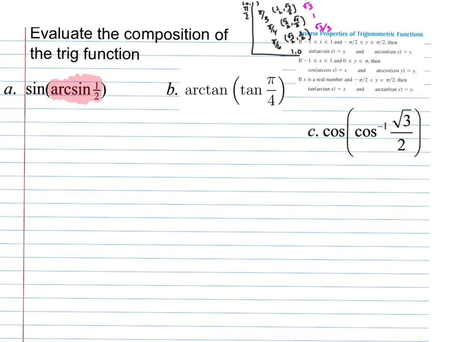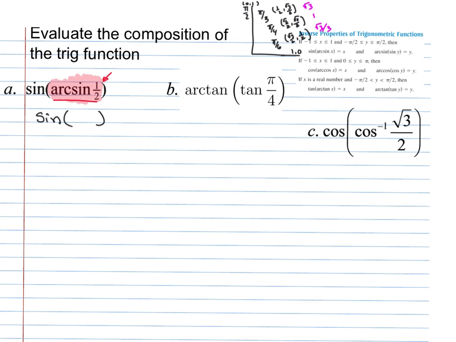So basically what I have right now is the sine of something. I need to find the arcsine of 1/2. Just like we did last week, we find the arcsine of 1/2, and we know that this 1/2 represents the actual ordered pair of sine.